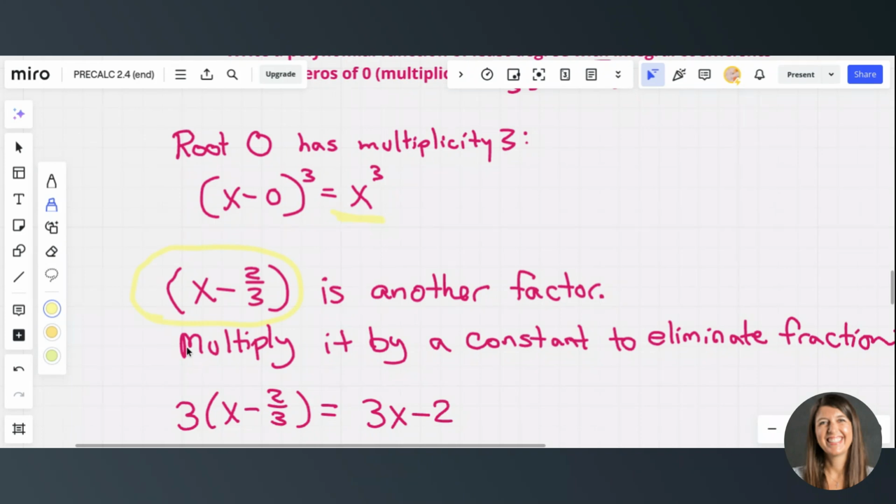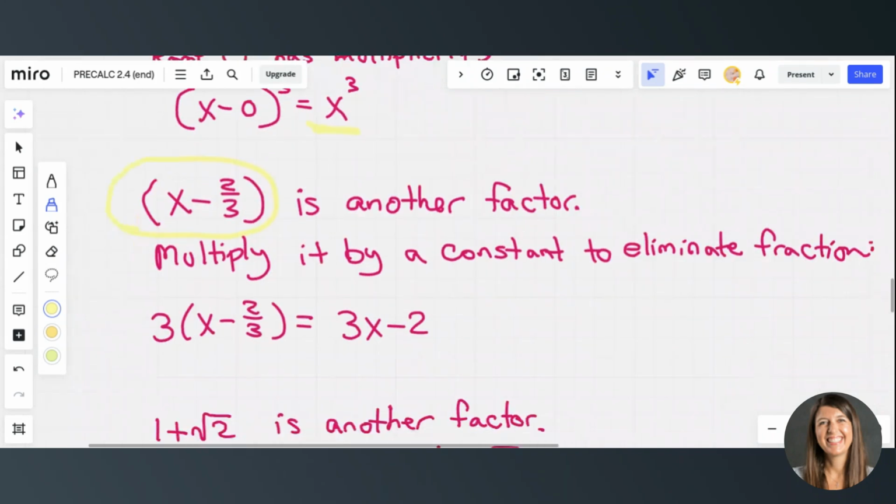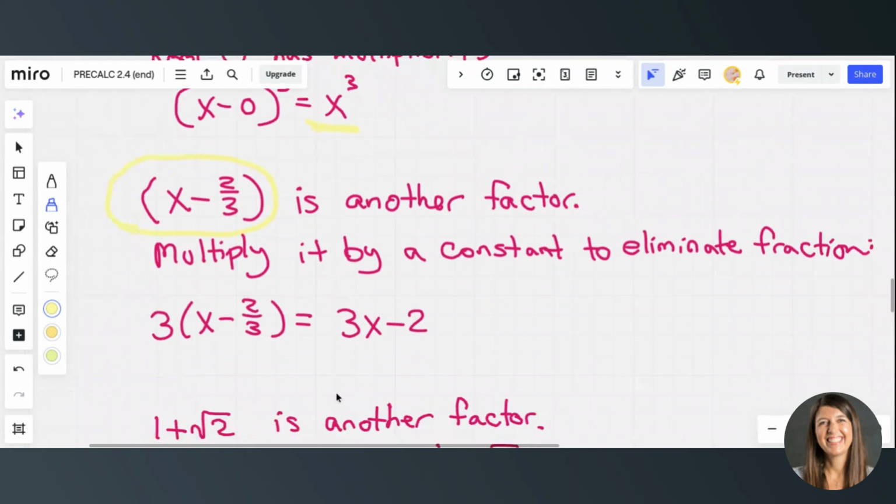We just don't like fractions, right? So we are going to multiply it by a constant to eliminate the fraction. And the easiest one to do would be 3 because that would wipe out the denominator there and get rid of that fraction. So if we do that, we get this factor here, 3x minus 2. So we've got x cubed as one factor. We've got 3x minus 2 as the other factor.